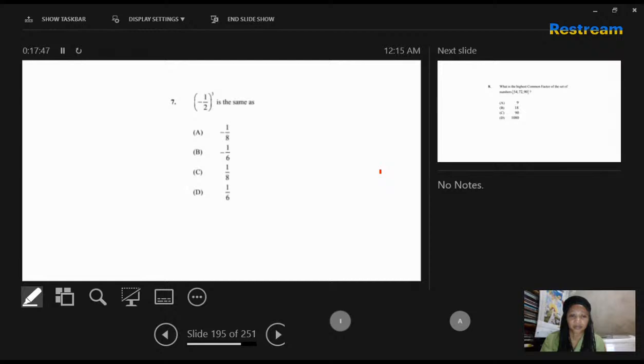All right, Asa. Number 7. One negative half cubed is the same as negative a half times negative a half times negative a half.